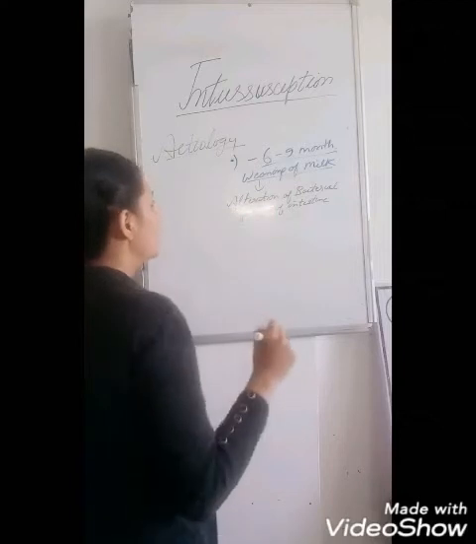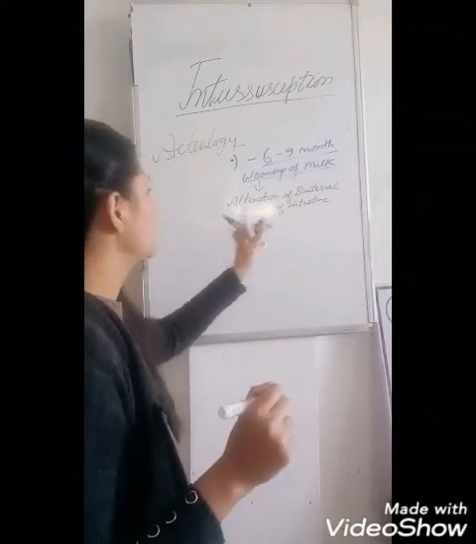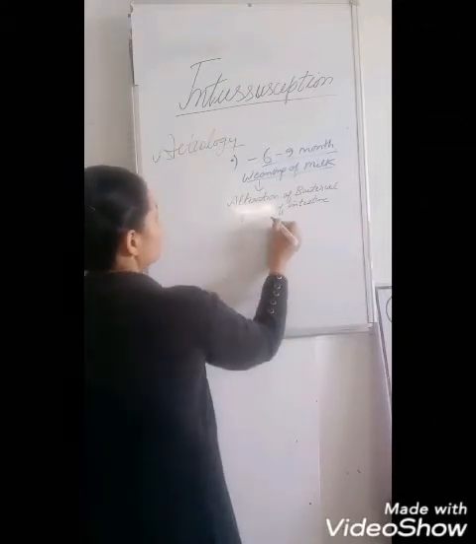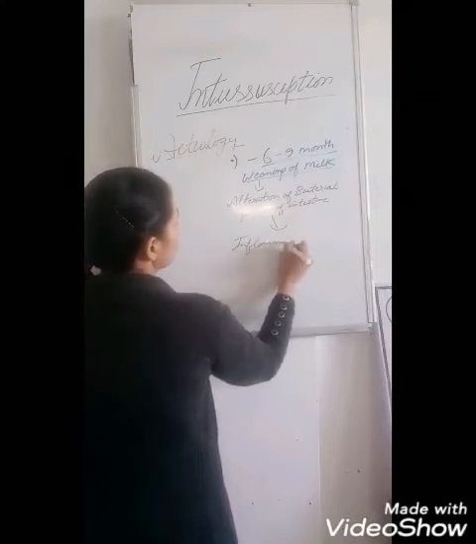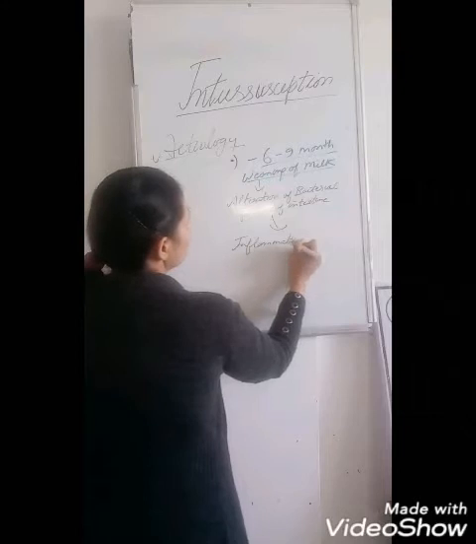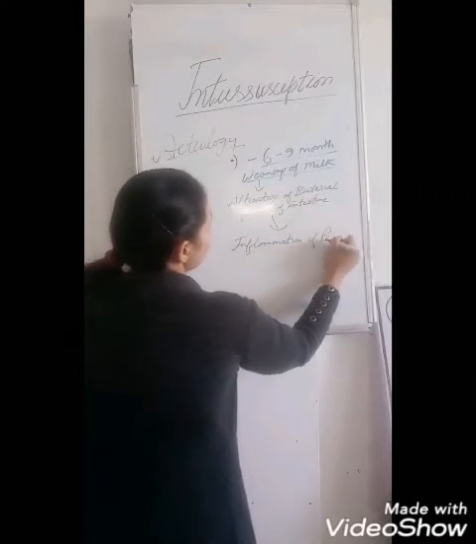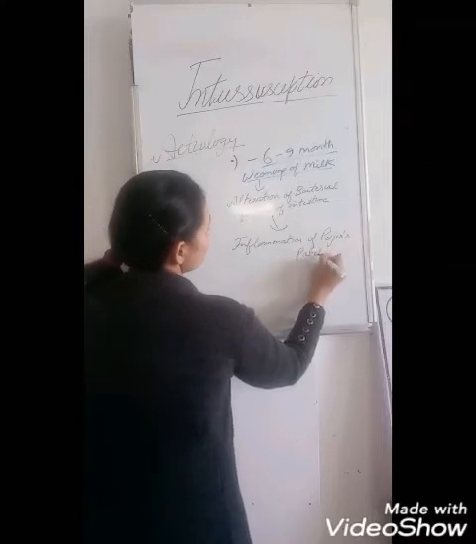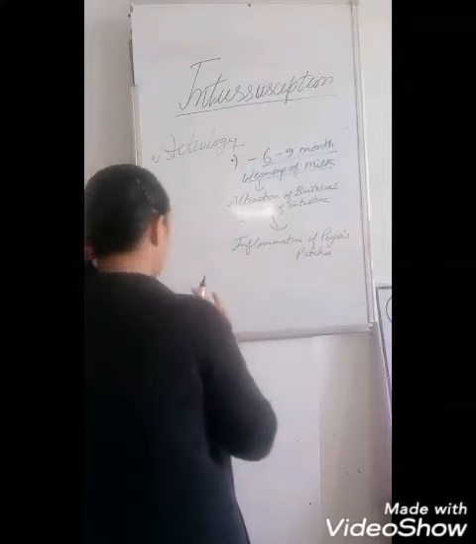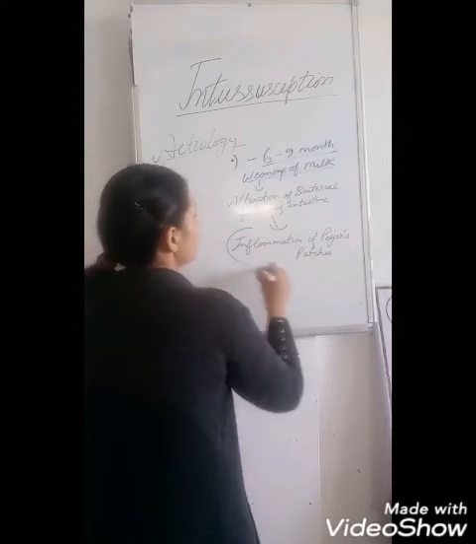That will alter the bacterial flora of intestine, and that will lead to the inflammation of Peyer's patches. So the ultimate result is inflammation of the Peyer's patches after weaning of the milk.